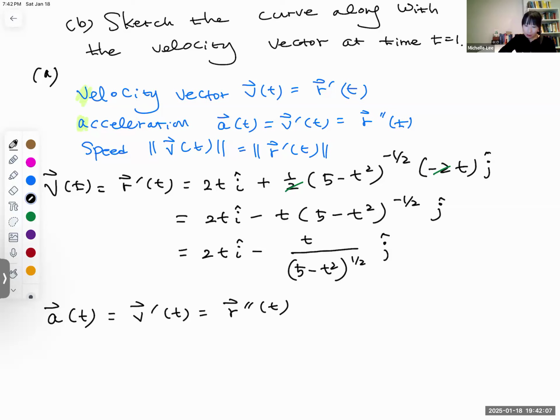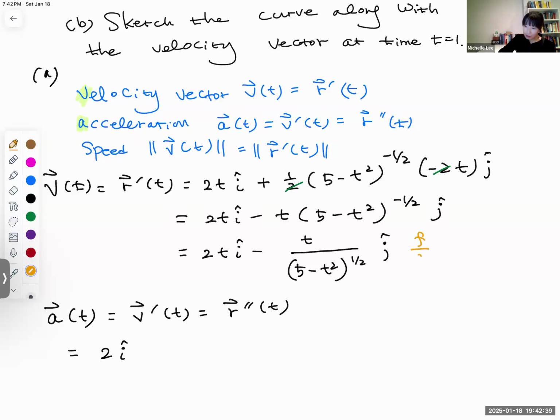So we have 2t i. What's the derivative? 2, yep, i. And how about the second term, j? Here we are using the quotient rule.